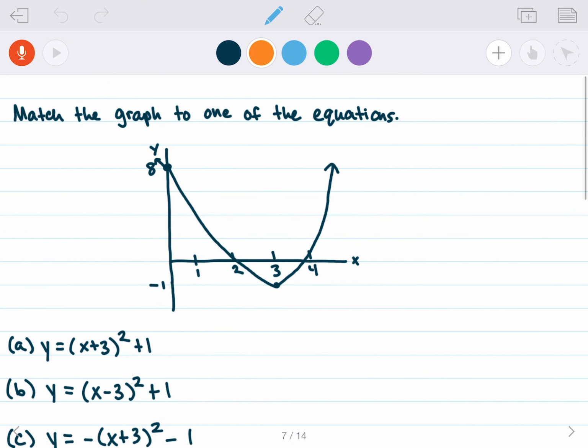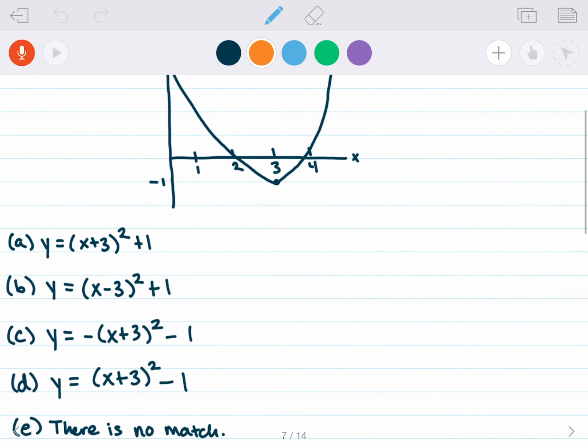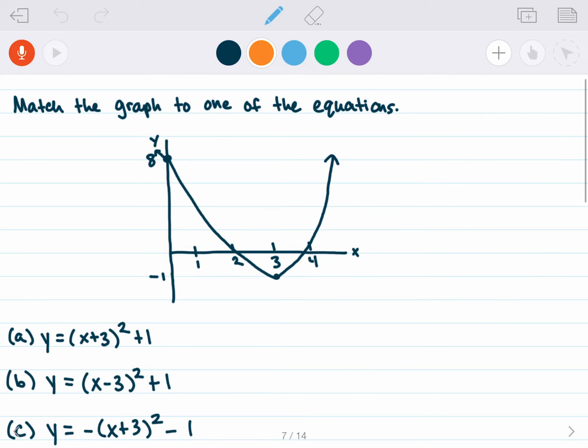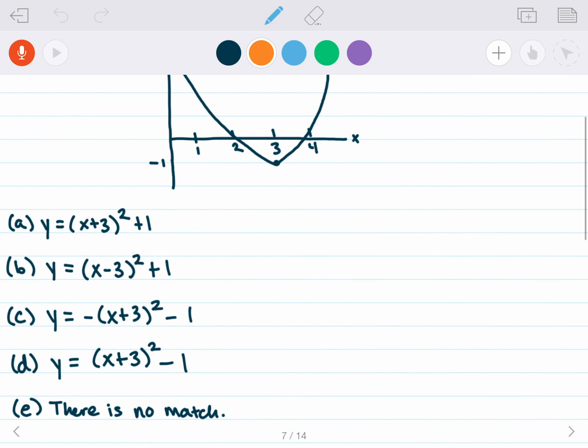All right, match the graph to one of the equations, and we have some options here. So let's just go option by option and see if it works. We can see, first of all, that these are all in vertex form, right? A times (x minus h) squared plus k. So the question is, do any of these match?